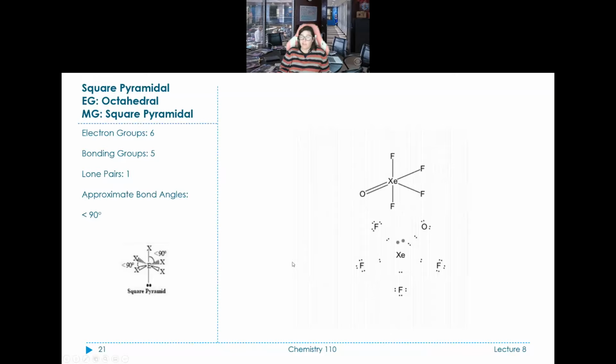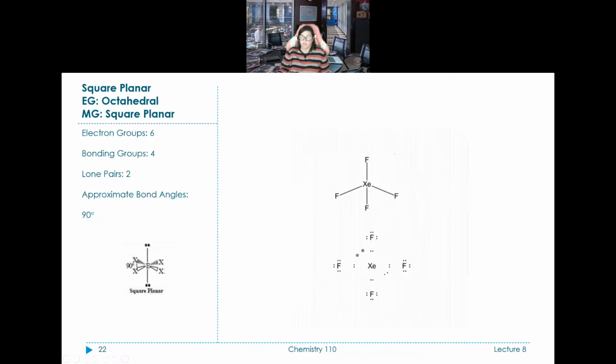Now, what happens if I go from an octahedral with 5 bonding groups and 1 lone pair to an octahedral with 4 bonding groups and 2 lone pairs? Well, that's this. It's called square planar. So the electron geometry is still octahedral, but the molecular geometry is square planar.